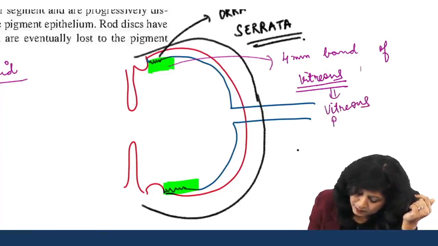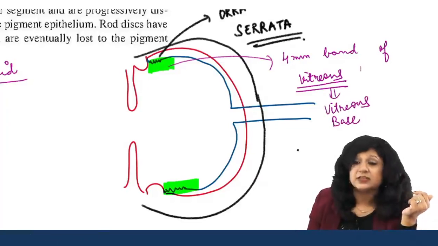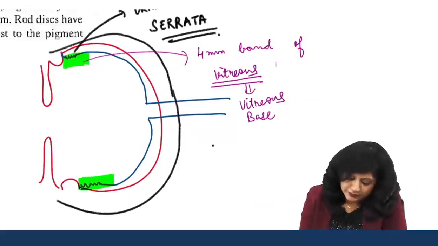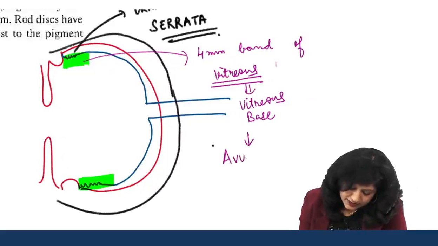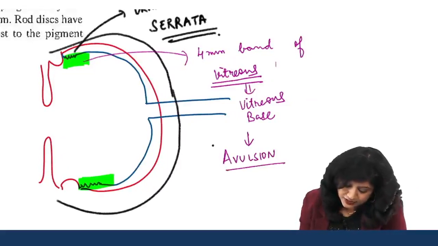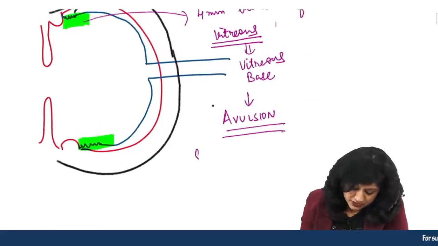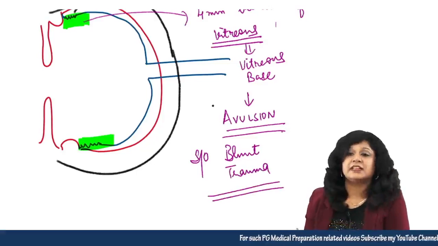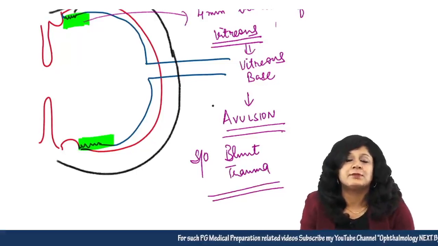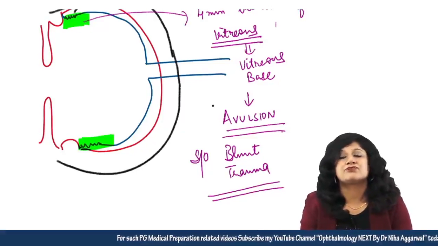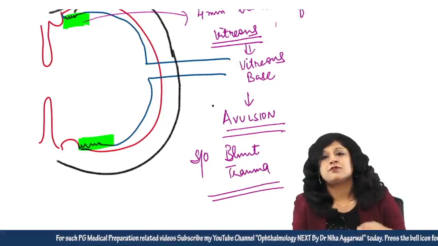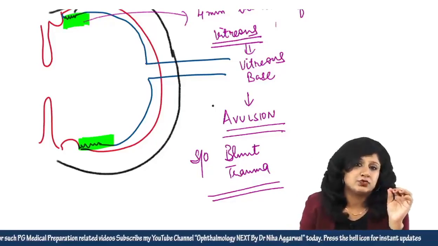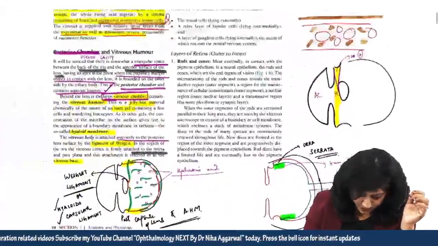One important thing is that it is very strongly attached, so if there is an avulsion of this vitreous base, this is very suggestive of blunt trauma. So whenever you see an avulsion of the vitreous base and you have a history suggestive of trauma, always think about blunt trauma. All right, so this is done.